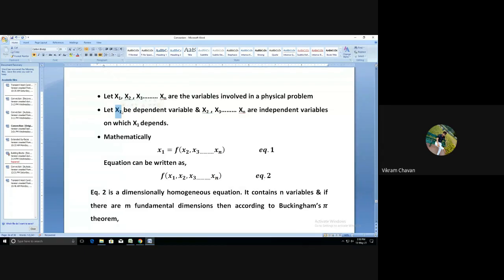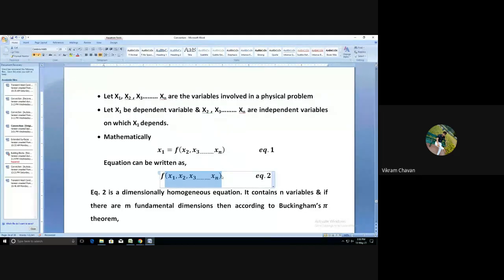Mathematically we can write the equation for this consideration as x1 is equal to function of x2, x3, x4 up to xn. That will be equation number 1. Now we can write this equation as function of x1, x2, x3 up to xn.